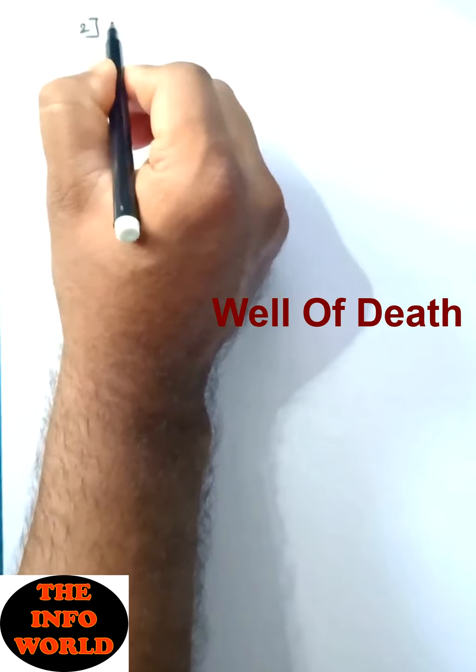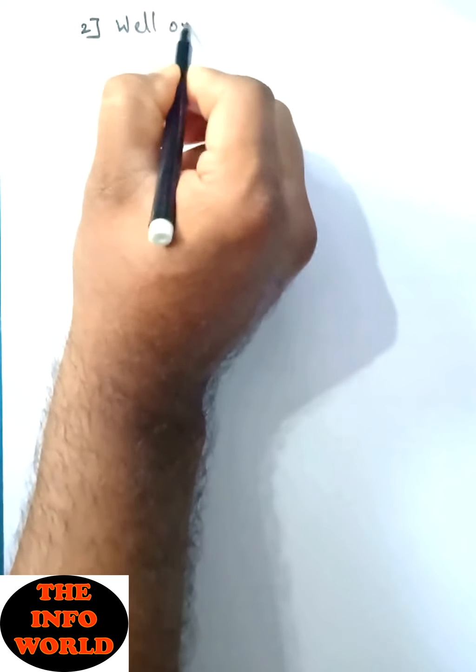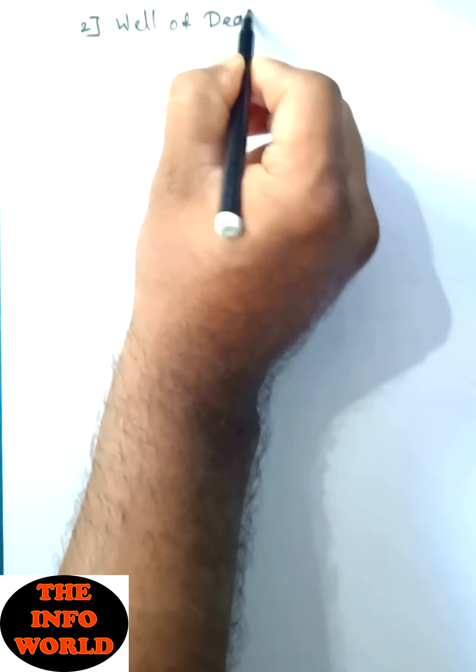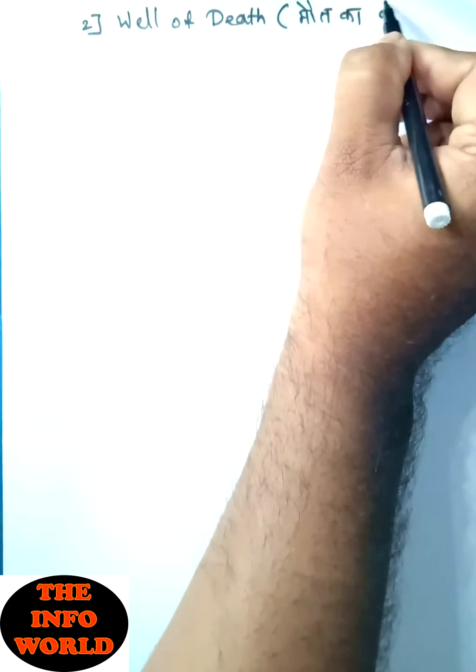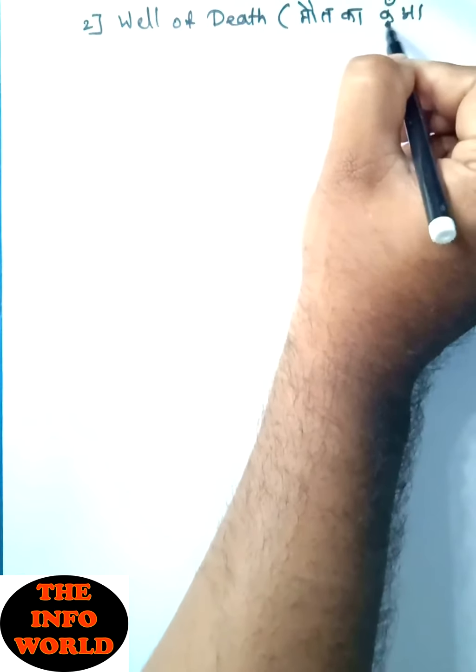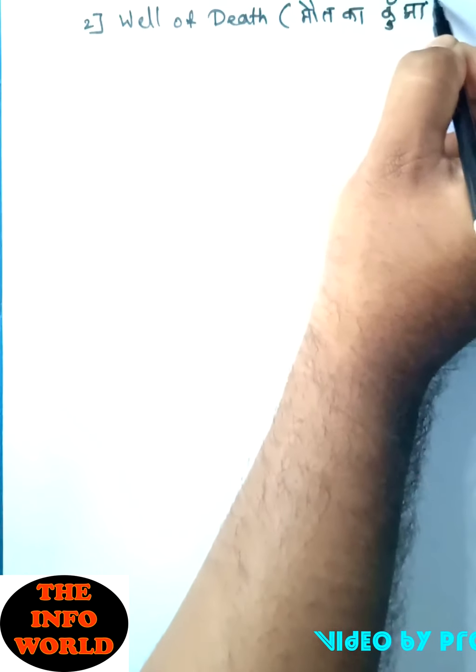The second example is the well of death, which is called maut ka kuan.